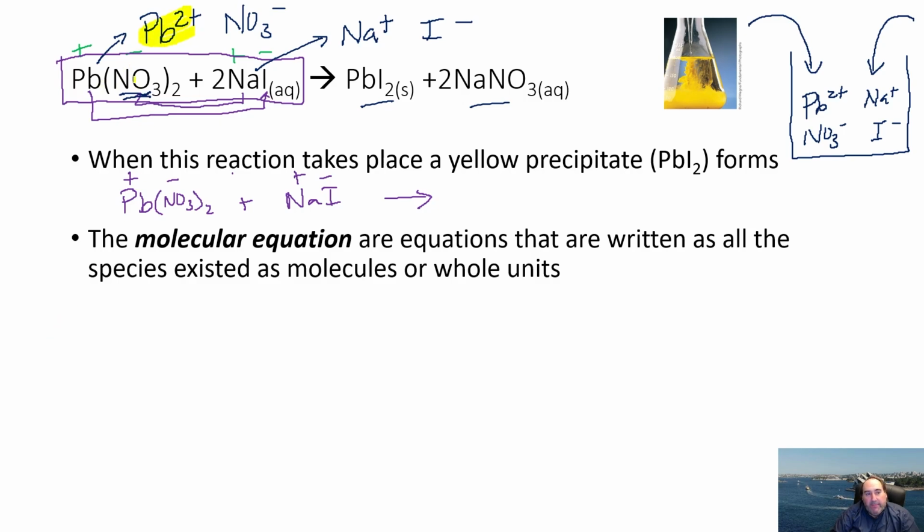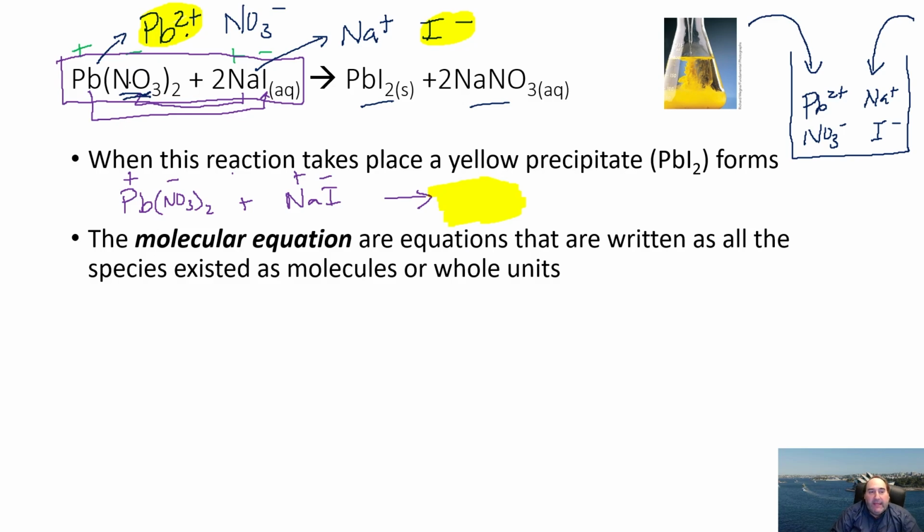We know that the positive guy in the first one will hook up with the negative guy in the second one. And I guess yellow is fitting here to highlight with. And if I do that, this is still an ionic compound. So what does that mean? It means, like we talked about in terms of naming, whenever we put something that's an ionic compound together, a positive and negative together, we always want to equal 0 in the charge.